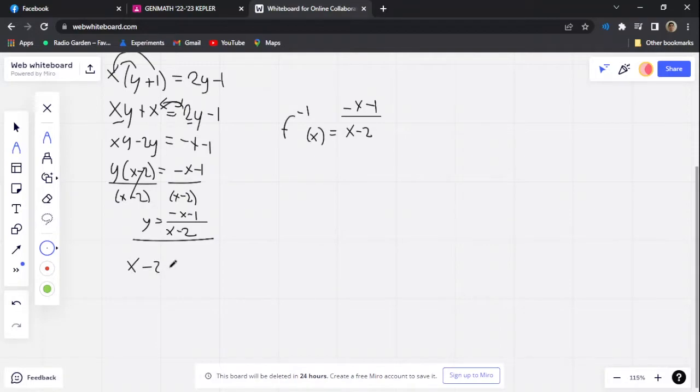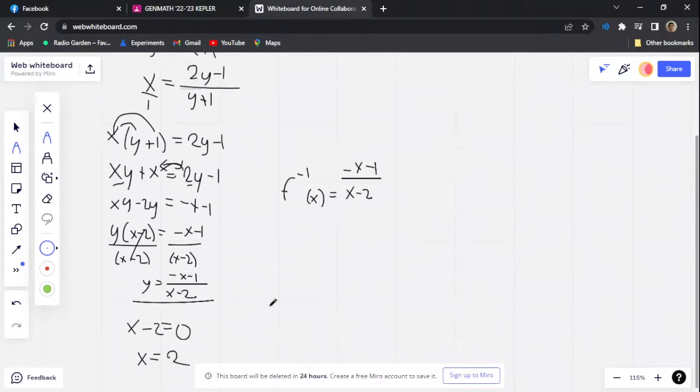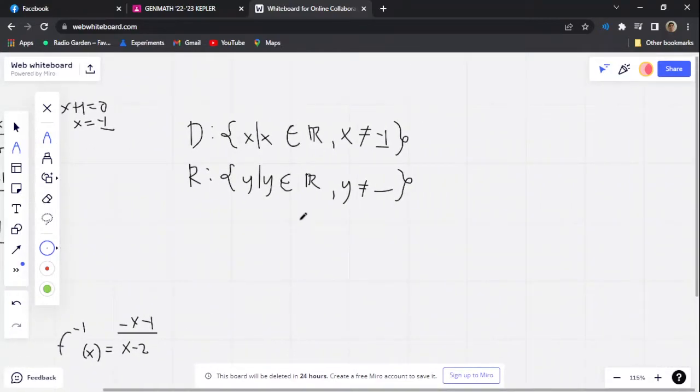So x minus 2 is equals to 0. X then transpose negative 2, so you have x is equals to positive 2. So ang range kay set of all y such that y is an element of all real numbers wherein y is not equals to 2.